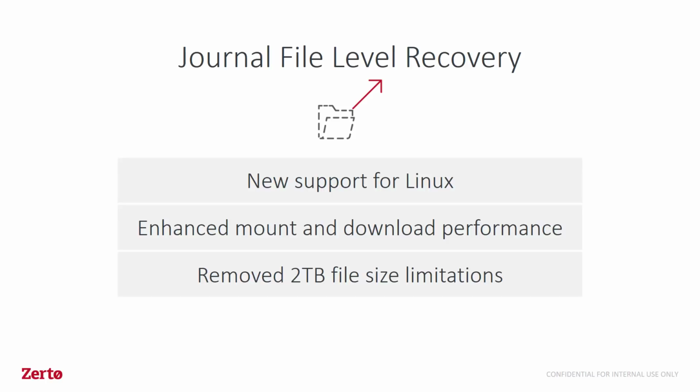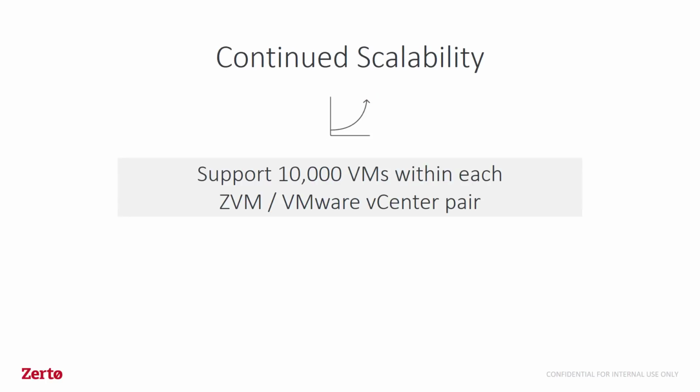As you would expect with a growing company like Zerto, we continue to get larger and larger customers. So scale and enhancing that scalability becomes really important. Now we're starting to see customers that are having 7,500, 8,000 VMs per vCenter. So we've scaled our support from 5,000 to 10,000 VMs within each Zerto Virtual Manager VMware vCenter pair.